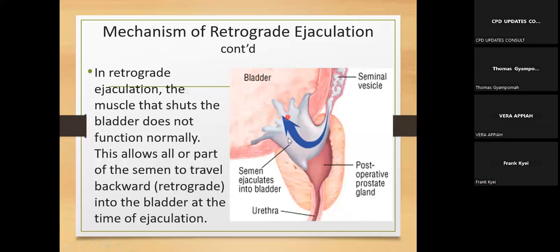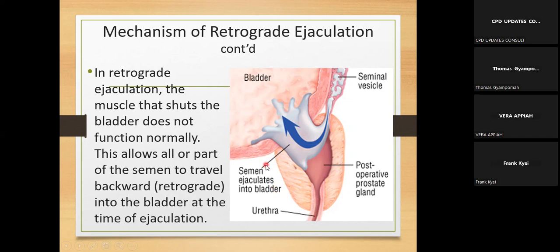Now, if there was a closure, except that the closure was not too tight, then in that case some will go into the bladder and some will come out. So in talking about retrograde ejaculation, it is either partial or complete. When it is complete retrograde, it means that everything went. In that case, your semen volume will be 0. If the closure was only partial, then some will go into the bladder and some will come out.